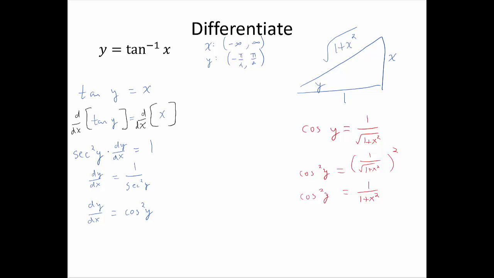So then dy dx is equal to 1 over 1 plus x squared. If you used identities instead of the reference triangle, you'd get the same result in the end. So we now have a formula for differentiating the tangent inverse function: the derivative of tangent inverse of x is 1 over 1 plus x squared.